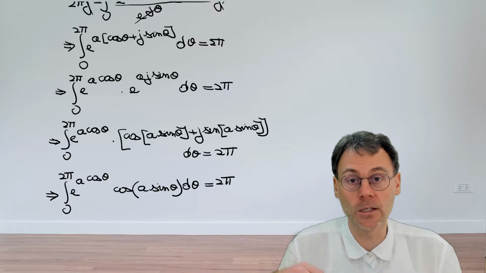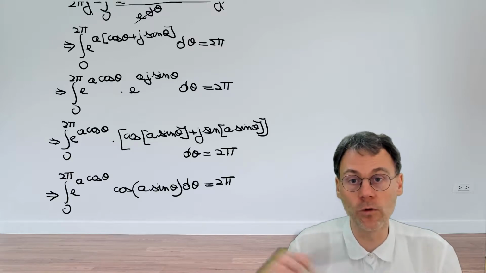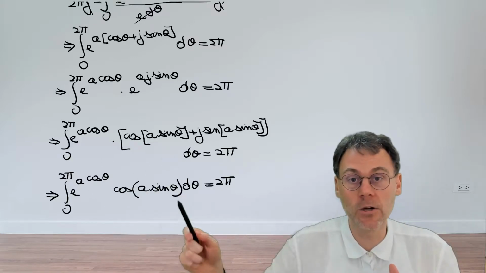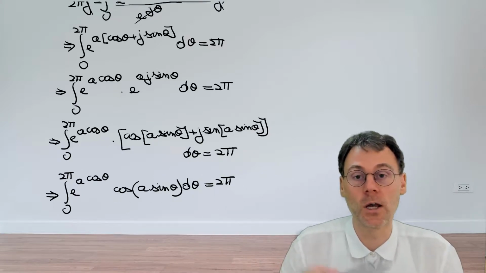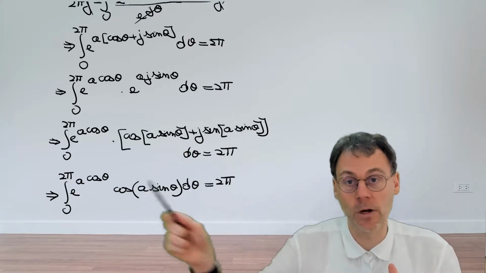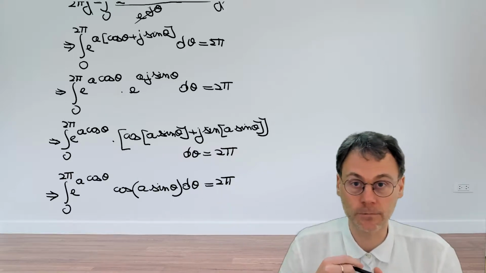And by the way, at this point, it would also be quite trivial to prove that a similar integral here, having a sine as opposed to a cosine, will be equal to 0, simply by taking the imaginary part of that expression over here.